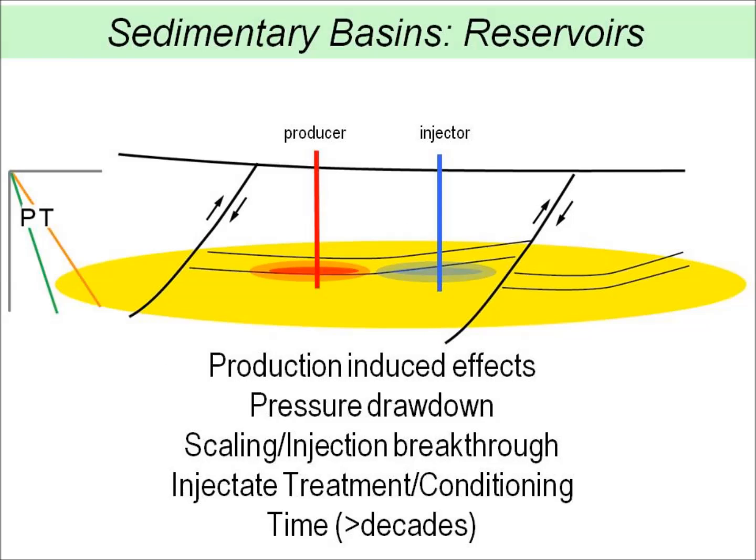And then what goes on during production. Obviously, in this scenario, we're going to be looking at injection and production. I expect that these fluids are going to be moving around through a reservoir over time, as the resource degrades.